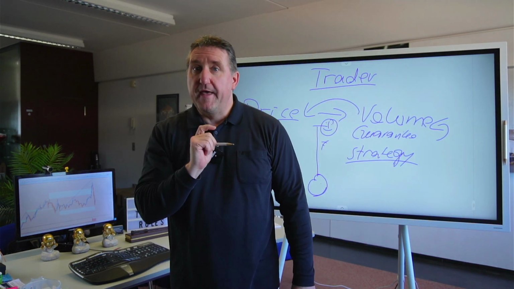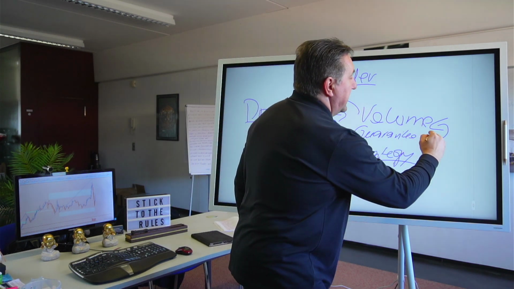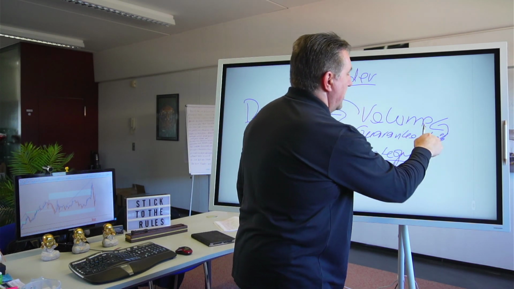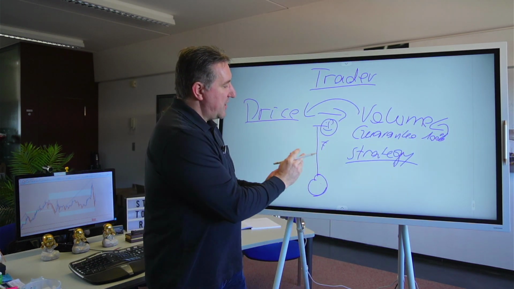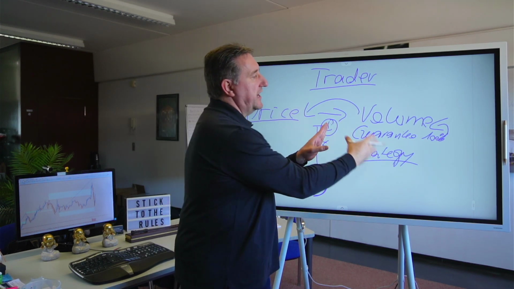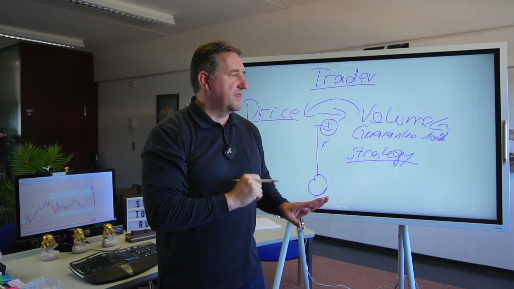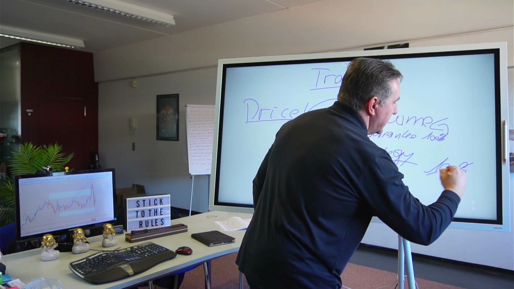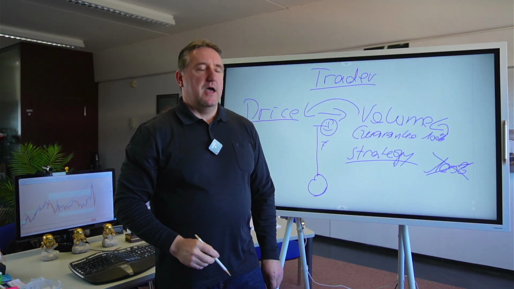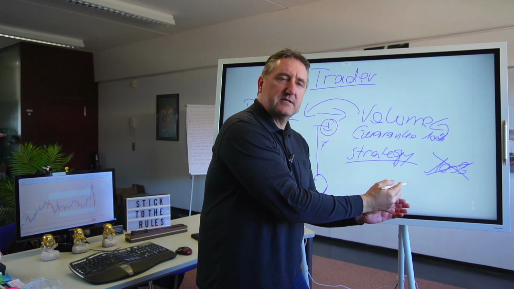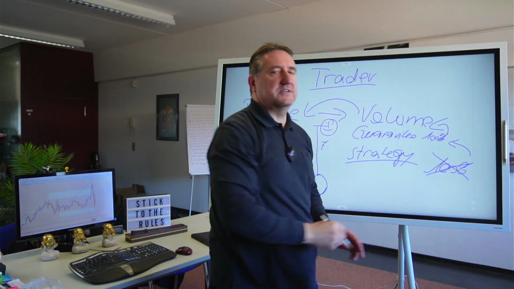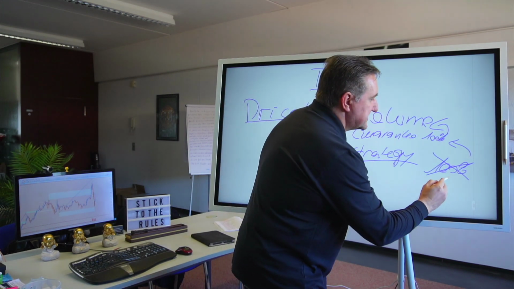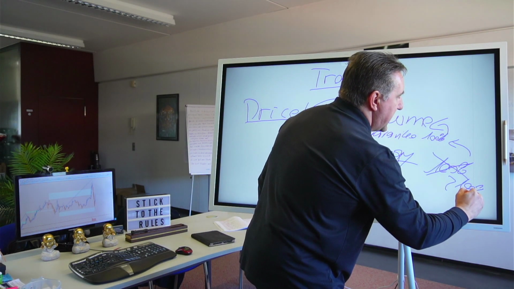And here we go. While you have 100% guarantee that the price is doing what you want because you influence the price over the volume, you can never have 100% with a strategy, because if you have 100%, then you have a guarantee, which means you must have less than 100%.